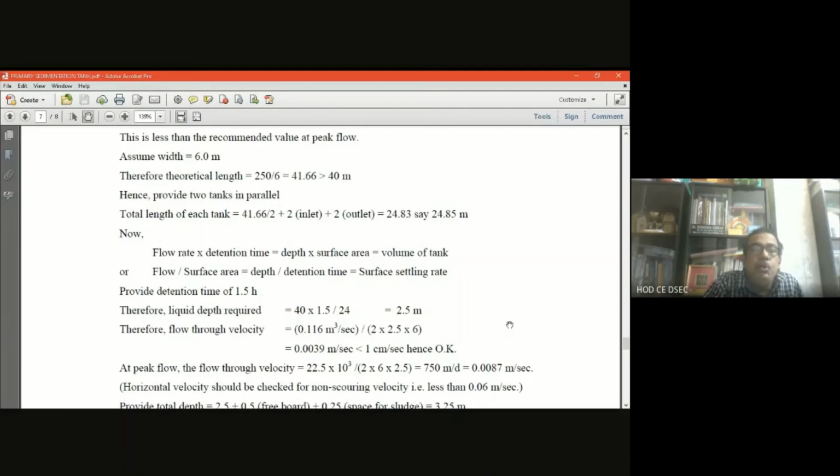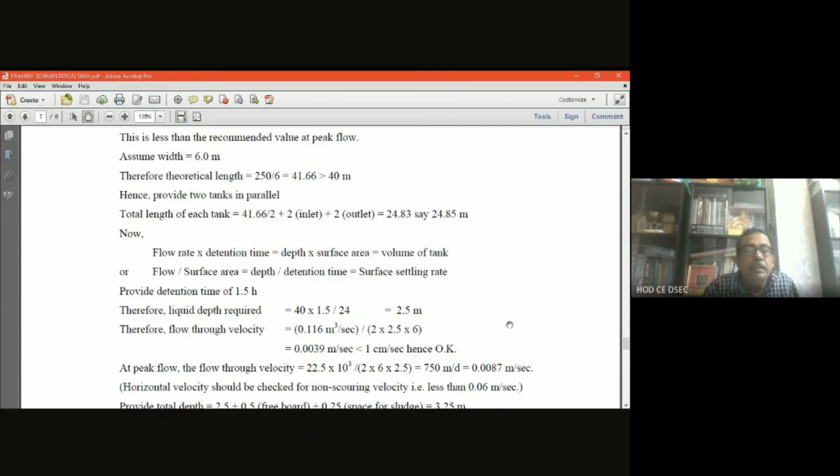Flow by surface area equals depth by detention time, which is nothing but the settling velocity. Surface area means it is perpendicular to the settling direction. So when we divide the flow by plan area, we get the vertical velocity, that is the settling velocity, which is distance divided by time, and distance means depth. So flow by surface area is the same as depth by detention time, which is the settling velocity.